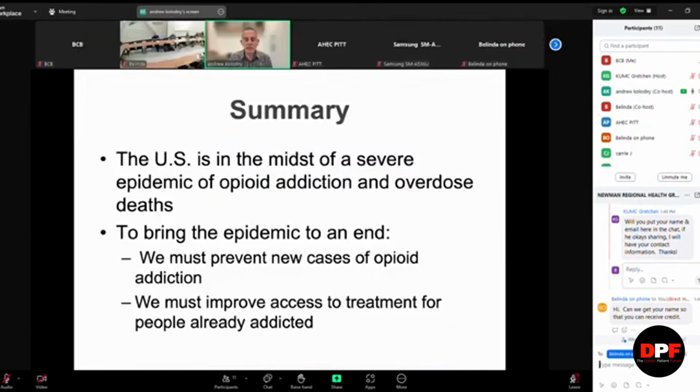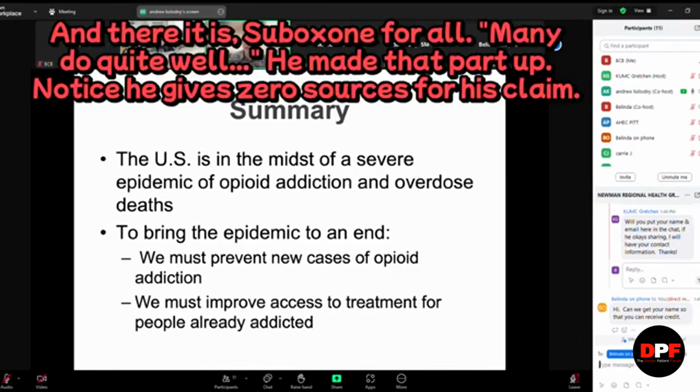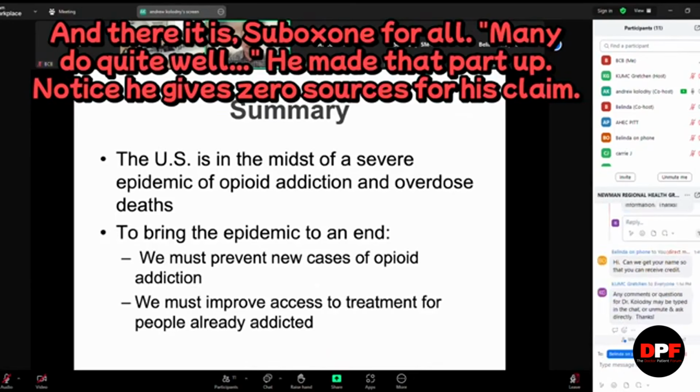But for those who are addicted, we have to see that they can more easily access effective treatment. That first-line treatment that we should be making readily available to patients with opioid use disorder is really buprenorphine, which is a really good treatment option for the chronic pain patients who are stuck on opioids. Many of them do quite well.